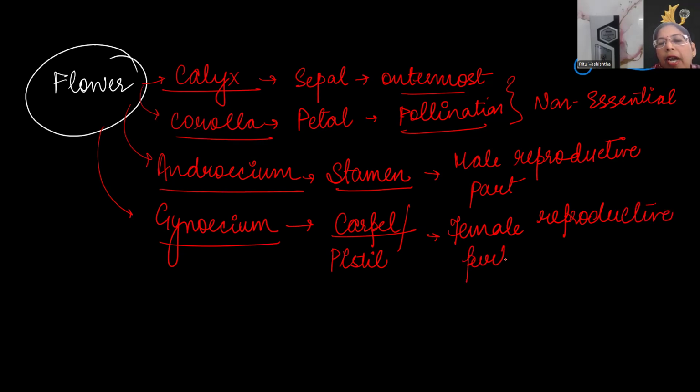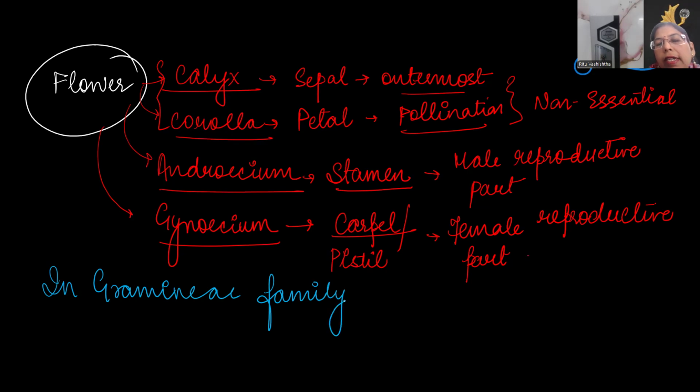Now, here I have written the term incomplete, means all 4 whorls are not present. Androecium and gynoecium are present. What you will find in Gramineae family, calyx and corolla are indistinct. What do you mean by that? They are united.